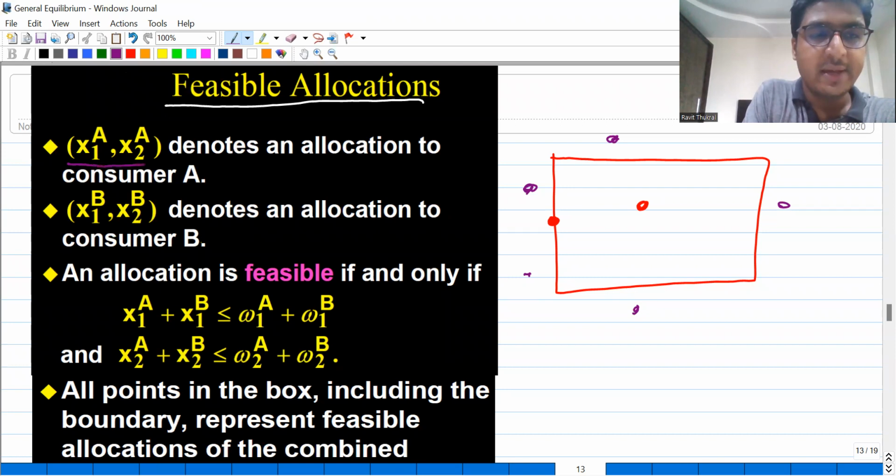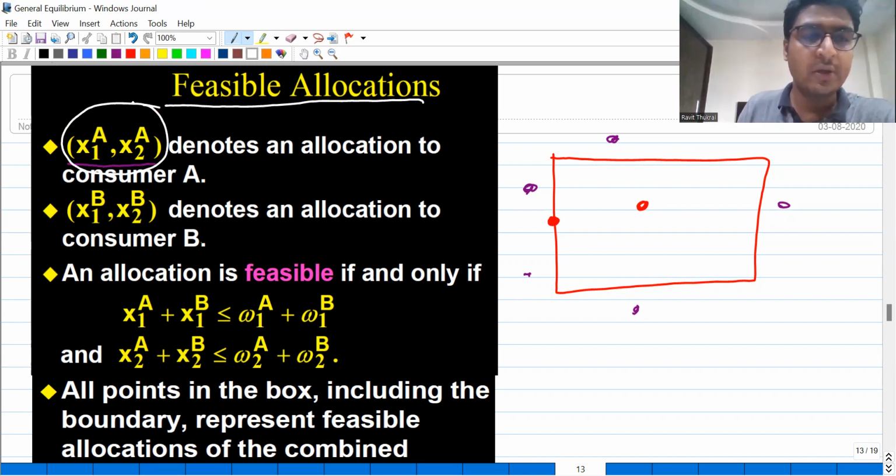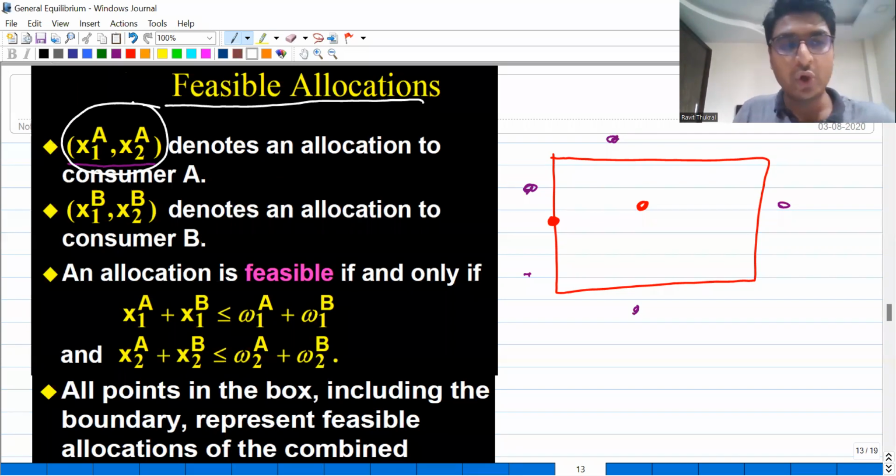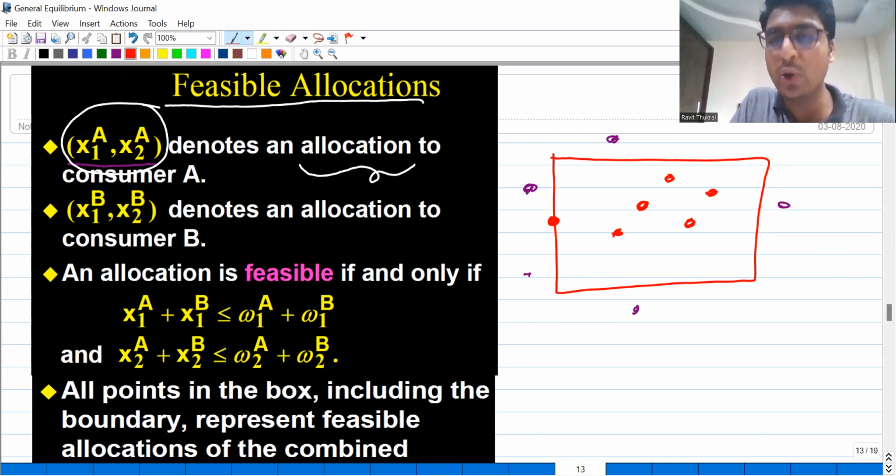So X1A, X2A, these are the units of good 1 and good 2 for consumer A. We call it allocations. Okay. So we allocate this bundle to this consumer. All right. All these points are called allocations.